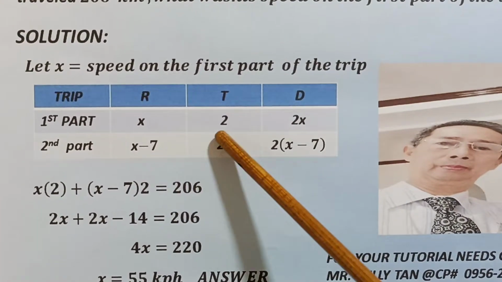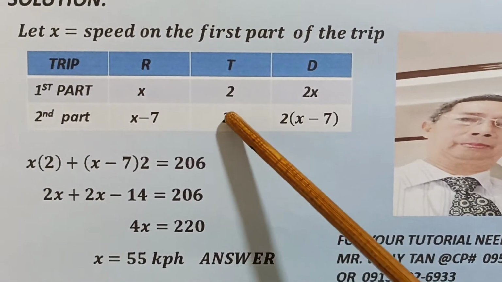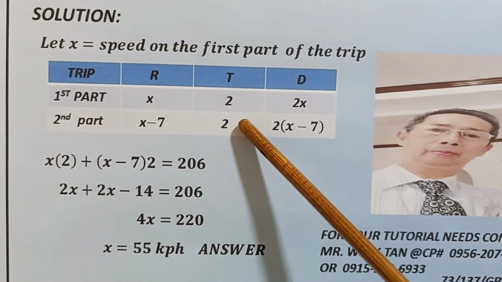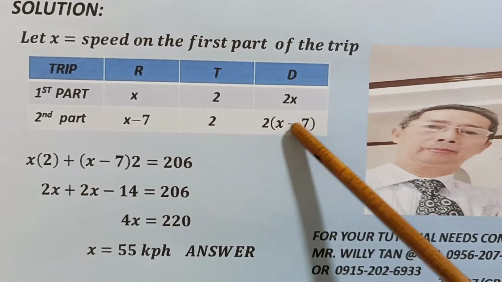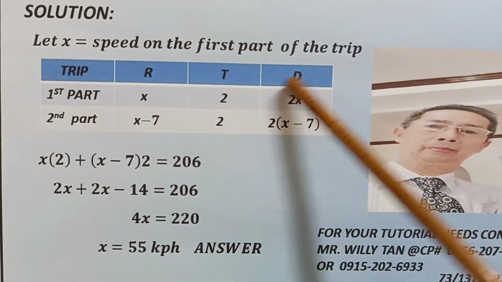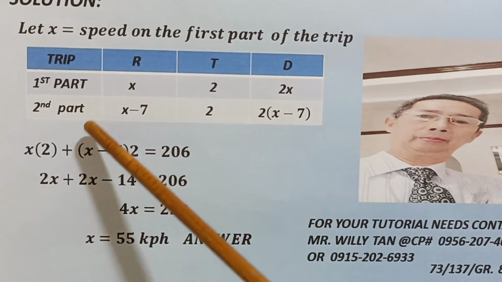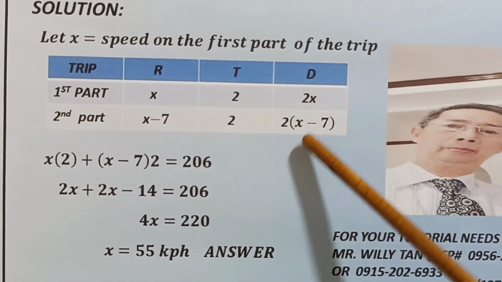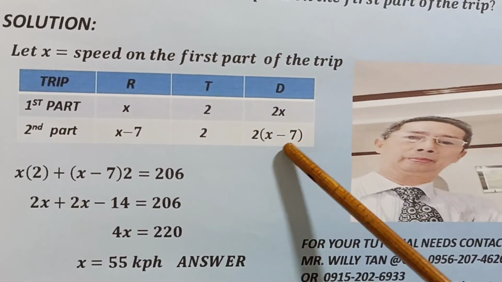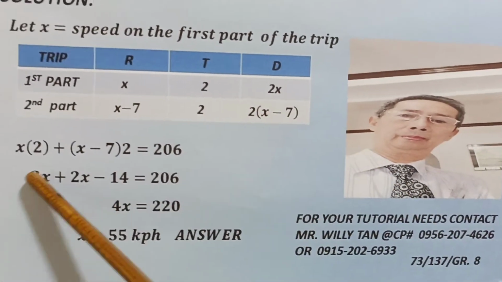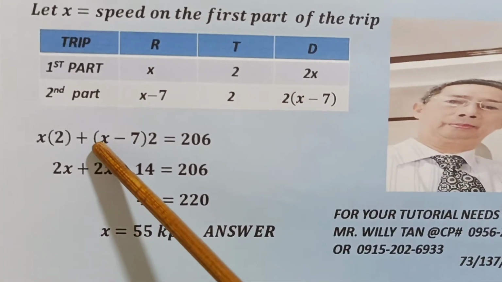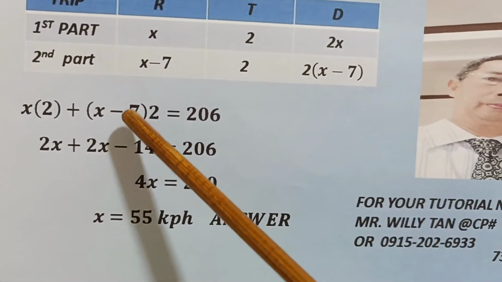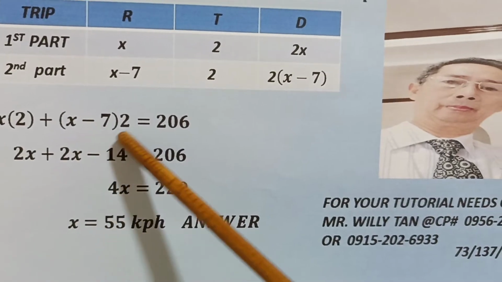The total time at the changed speed is 2. So 2 times the quantity x minus 7 is the distance traveled in the second part. We add D1 and D2: 2x plus the distance for the second part, which is x minus 7, the rate, times 2.